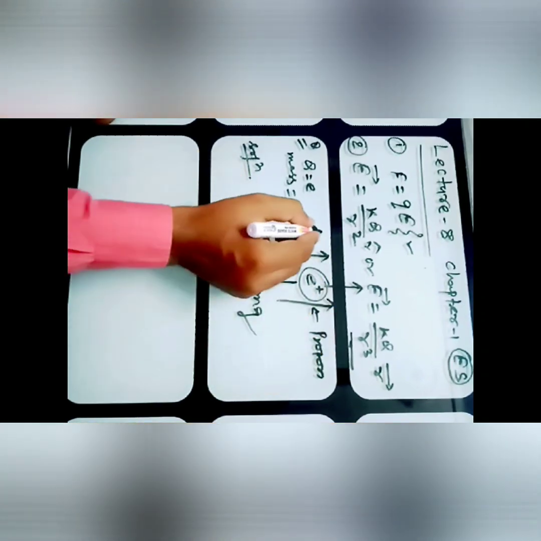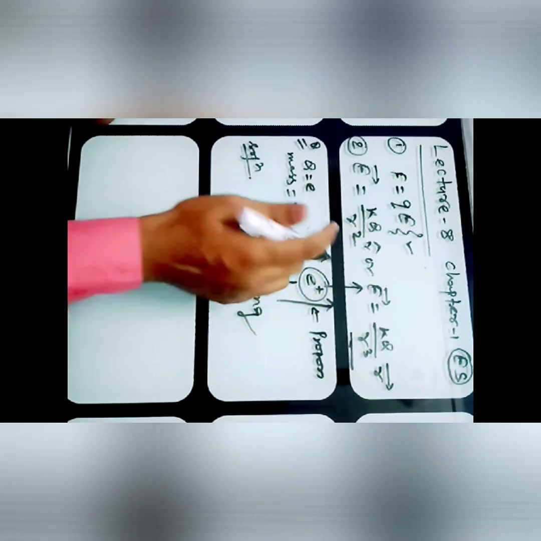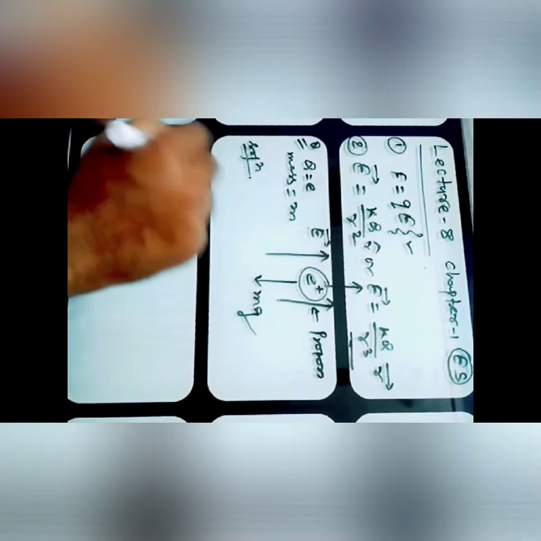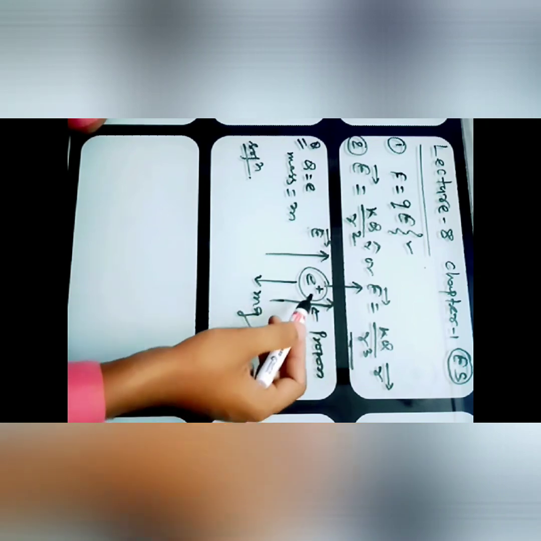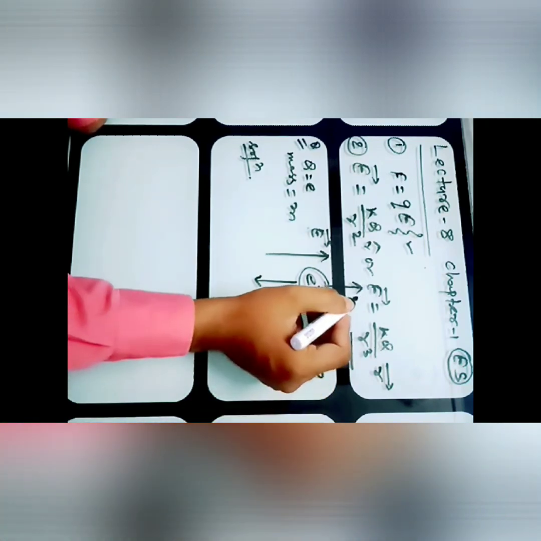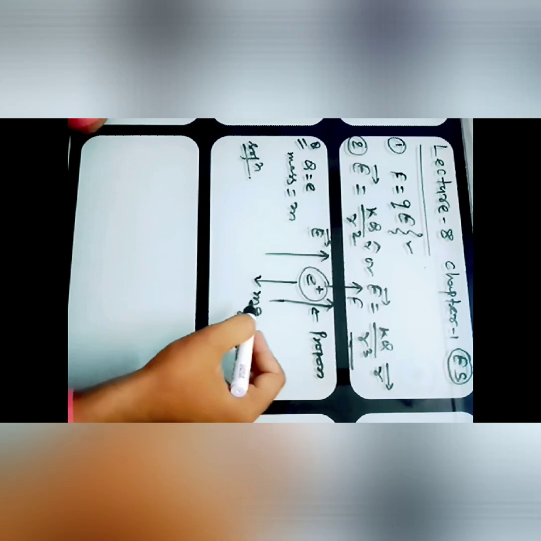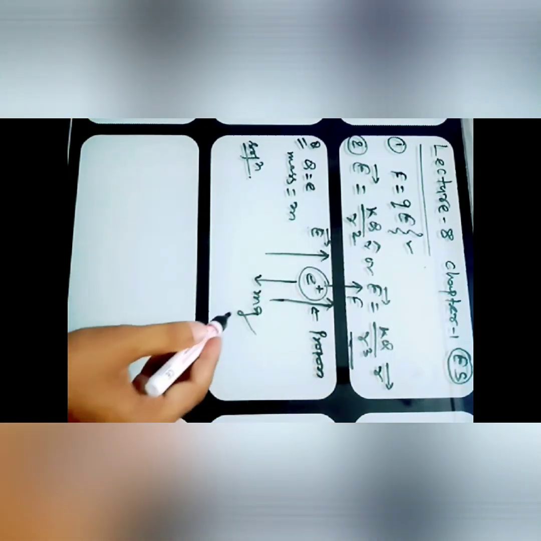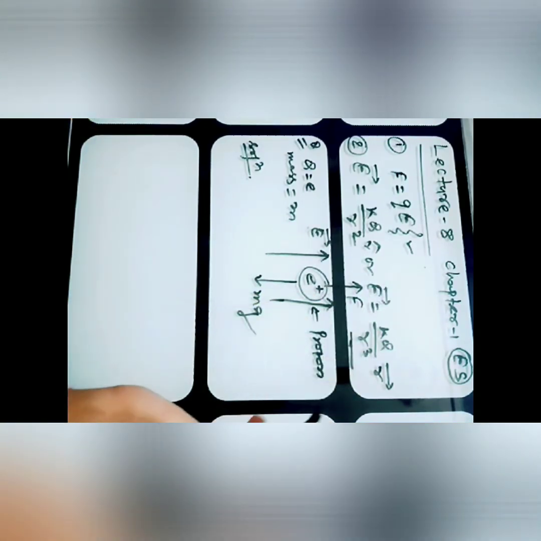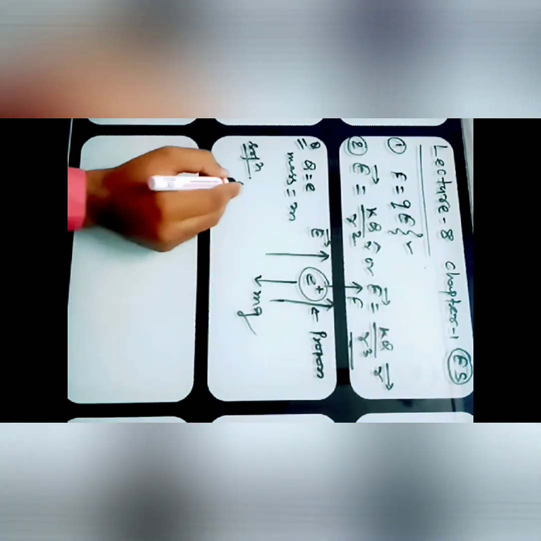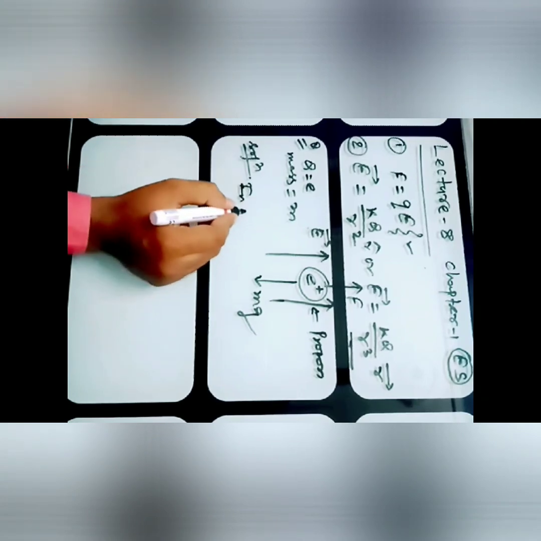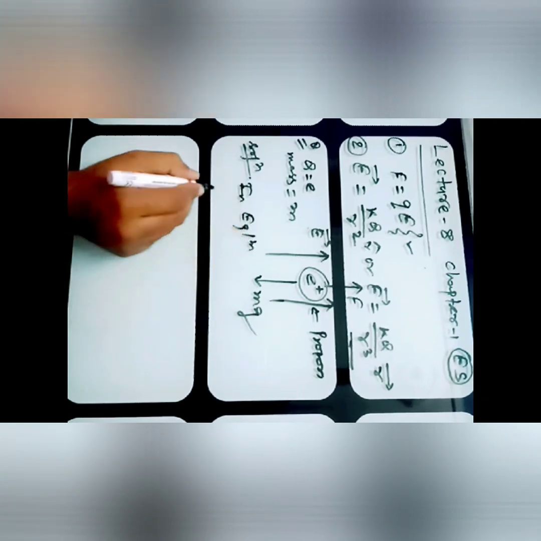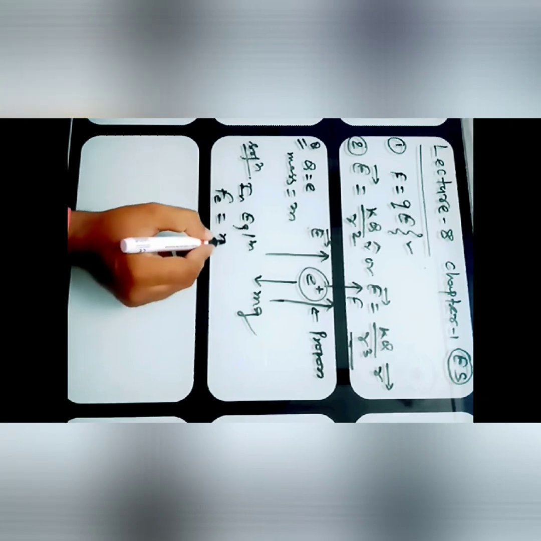Are you getting it, students? Here no more forces are acting, only the electrostatic force and the force due to gravity. So the force due to gravity will be balanced by the electrostatic force. Since it is balanced in equilibrium, we can write the electrostatic force is equal to mg.